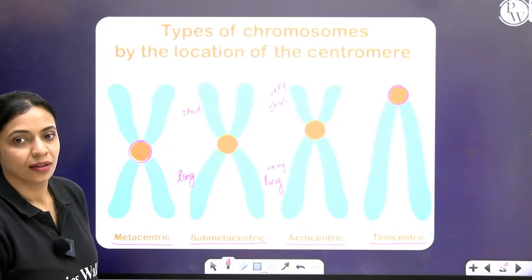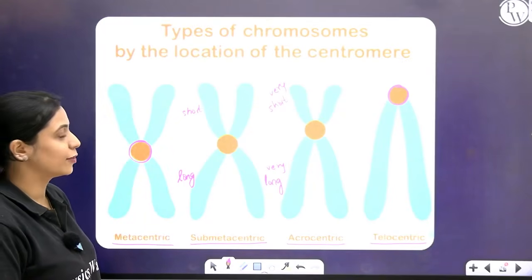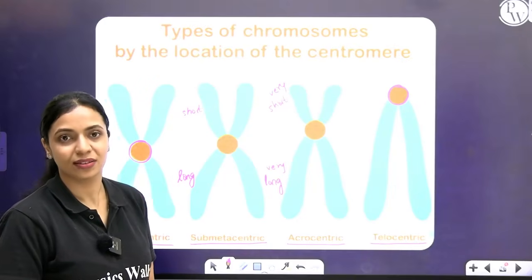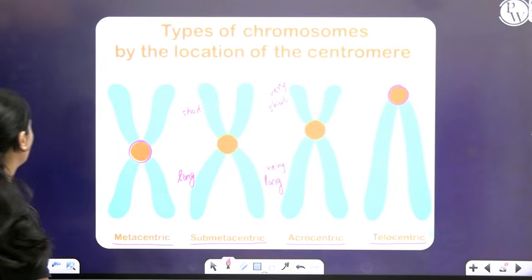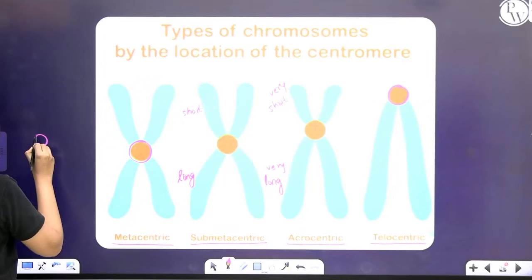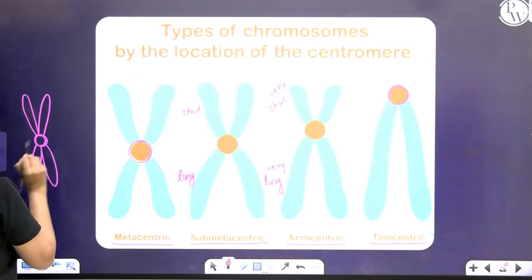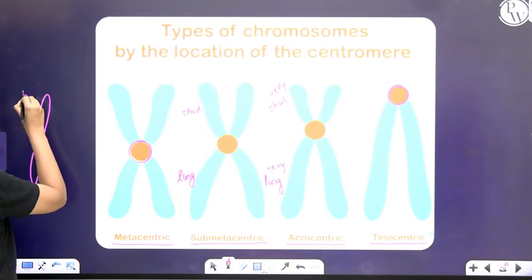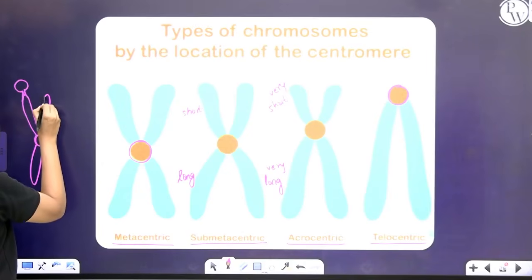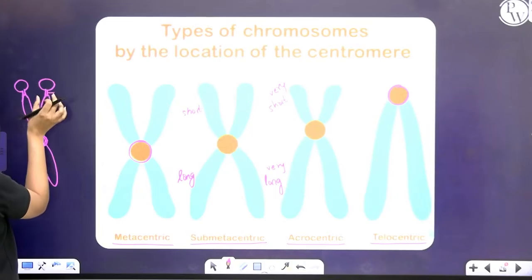Okay. So these are the different types of chromosomes based on the position of the centromere. Sometimes some chromosomes, in addition to having the primary constriction of the centromere, will have a secondary constriction. Okay, another narrow region.